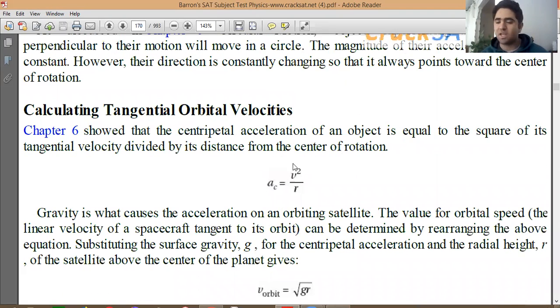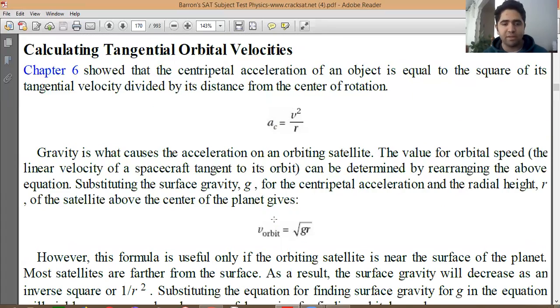So, for example, let's say on Earth you have a satellite that is rotating. So remove a_c and put 9.8 meters per second squared, and you'll have the radius of orbit and v squared. And so you will very simply say v squared equals gr.